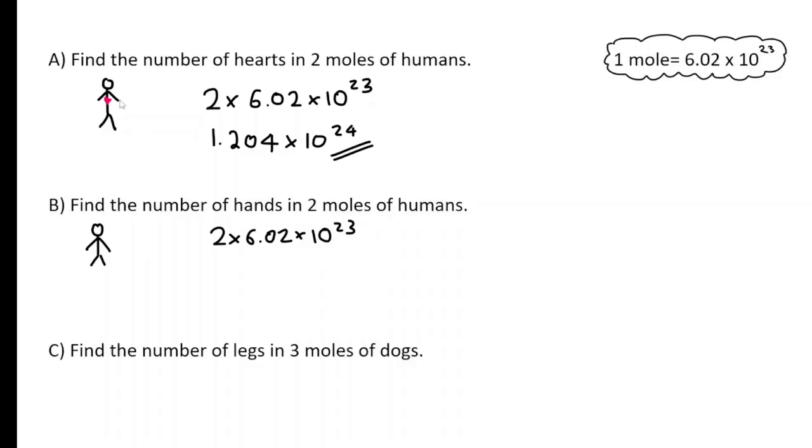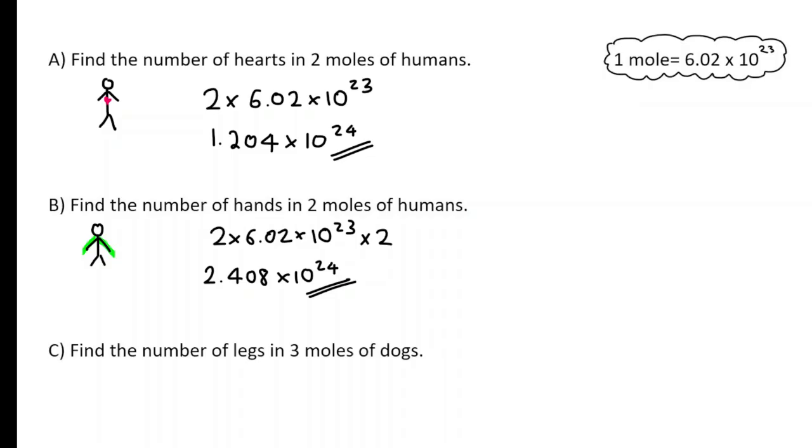So the number of humans is the same as the number of hearts. However, when you think about hands, 1 human has 2 hands. So you need to multiply the number of humans by 2 to get the total number of hands, which is 2.408 times 10 to the power of 24.